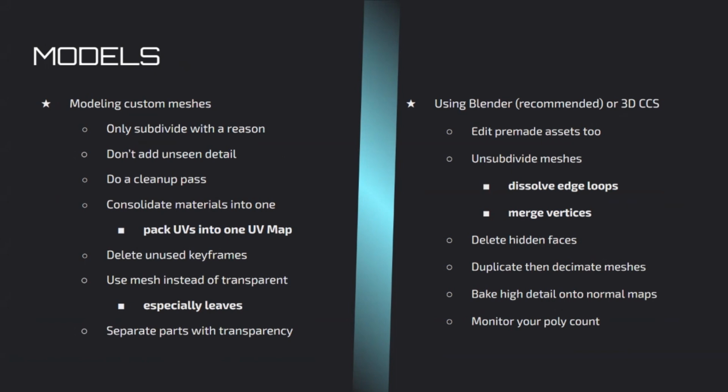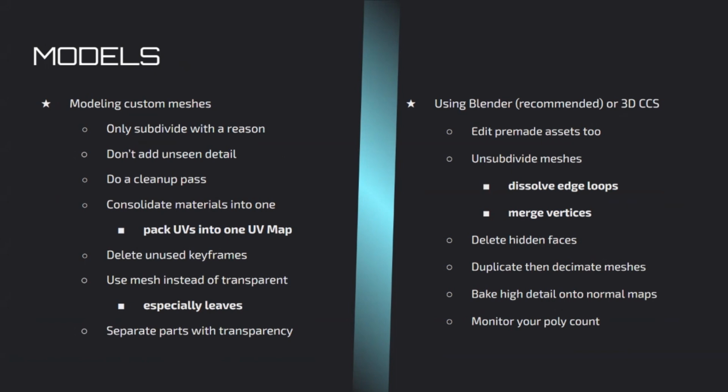You can literally make a duplicate of that object in Blender and then remove all the materials from the duplicate object, give it its own new single material, and then repack the UVs, because all of those UVs will be in different locations for the different materials.